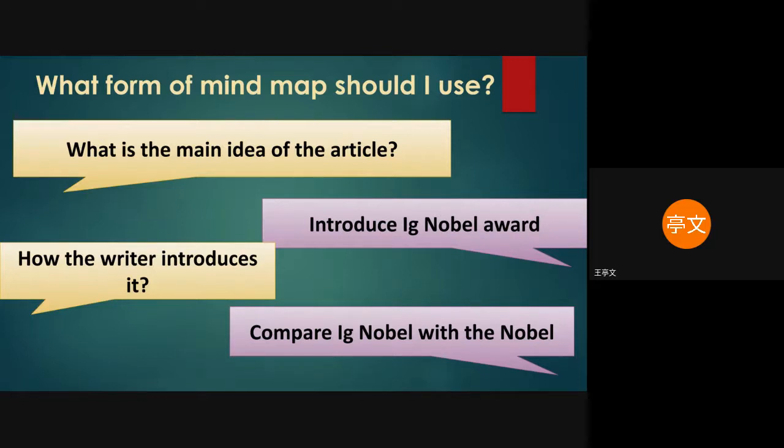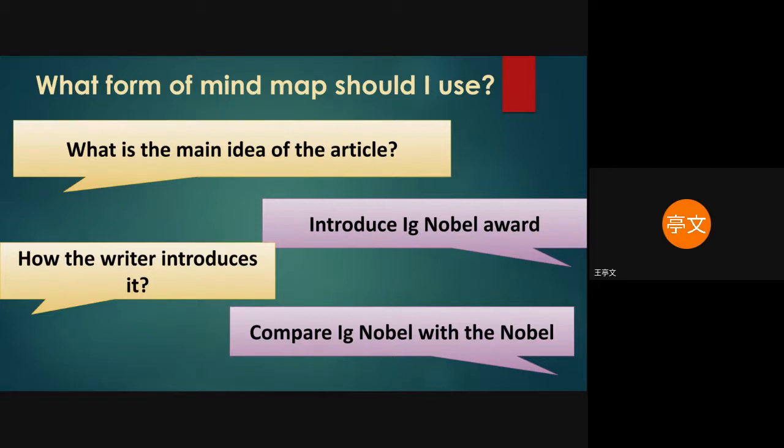大家知道呢，作者的目的就是作者手法是透过比较这两个奖项，所以当我们在選擇心智圖的時候，我們要選擇可以用來比較的心智圖。So I will show you guys there are many models of comparison mind maps. Okay, but another question is, what kind of comparison mind map should I use?